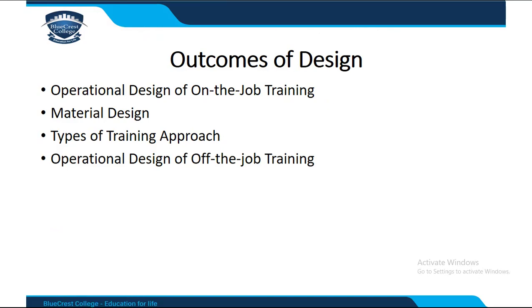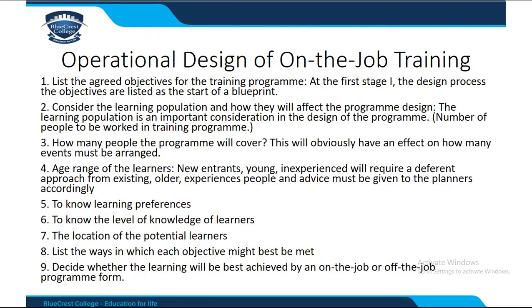So in a particular design, if you have designed a training program, these are the various designs that you should have had. You should have designed the material, the training approach, whether it's going to be on-the-job training or off-the-job training.